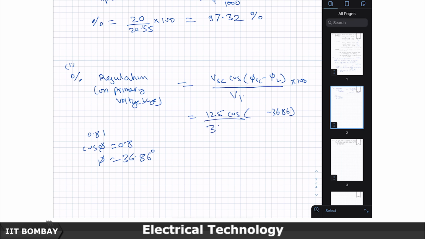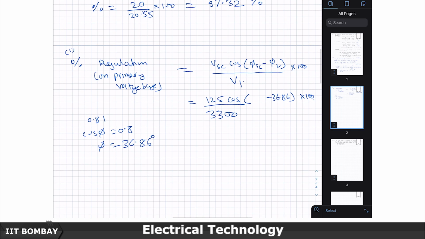Below is 3300, and of course, this 100 will remain as it is. Now, we are left to calculate the phi_sc value.